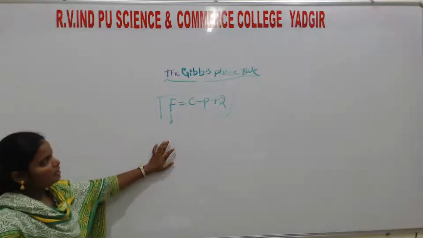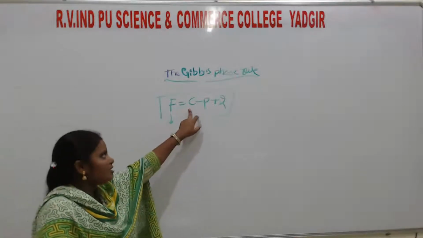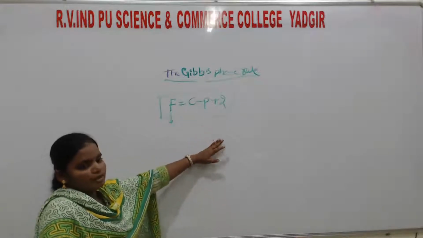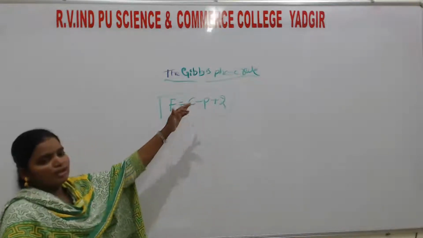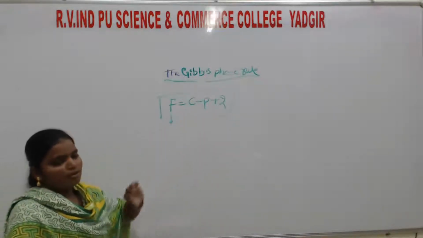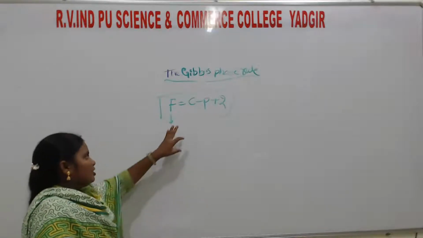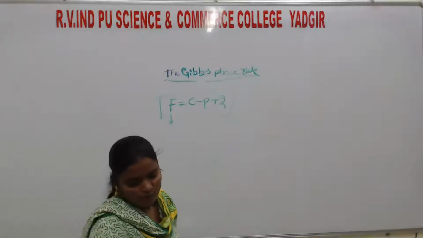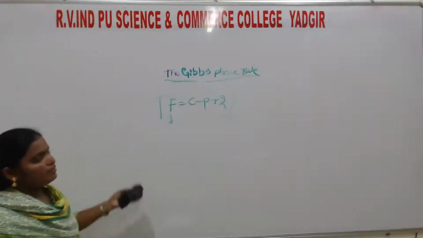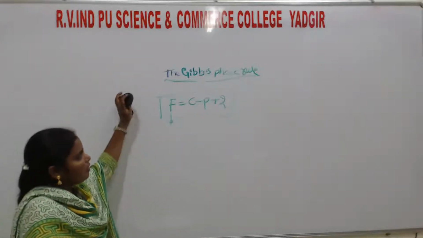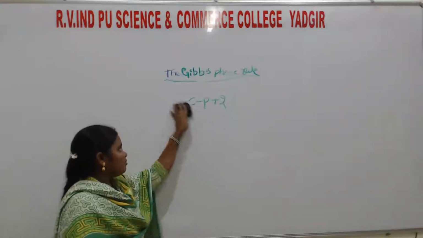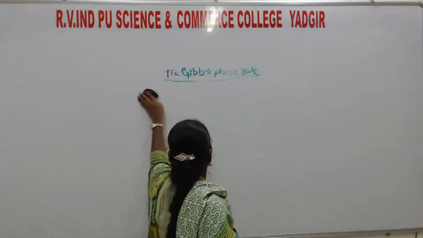First we have to consider the number of components, the number of phases, and transformation of one phase to another phase in a component. In our syllabus, only one component and two component systems are covered. We have to derive the Gibbs phase rule F equals C minus P plus 2.